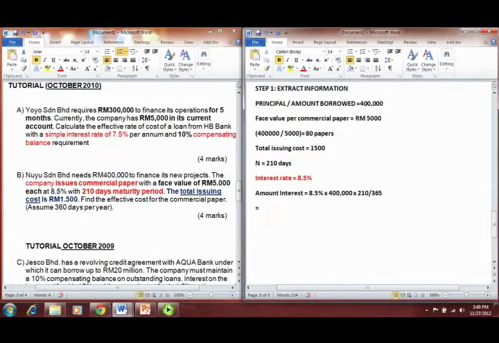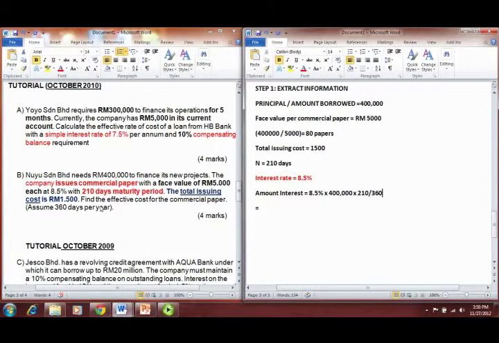So 0.085 times 400,000 times 210 days divided by 365. One year has 365 days, but if the question gives you one year as 360 days, then you must use 360 and cannot use 365.